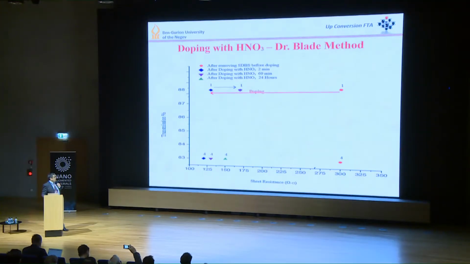Now, after doping, for example, in here we doped it with nitrogen or HNO3. We can further reduce the sheet resistance to a level that is applicable for a cathode.